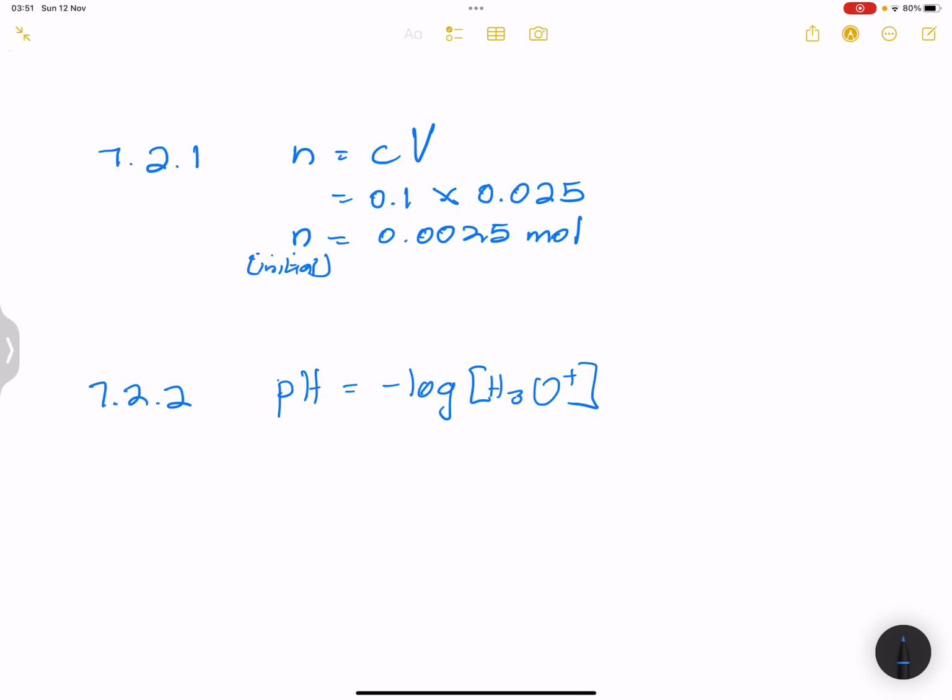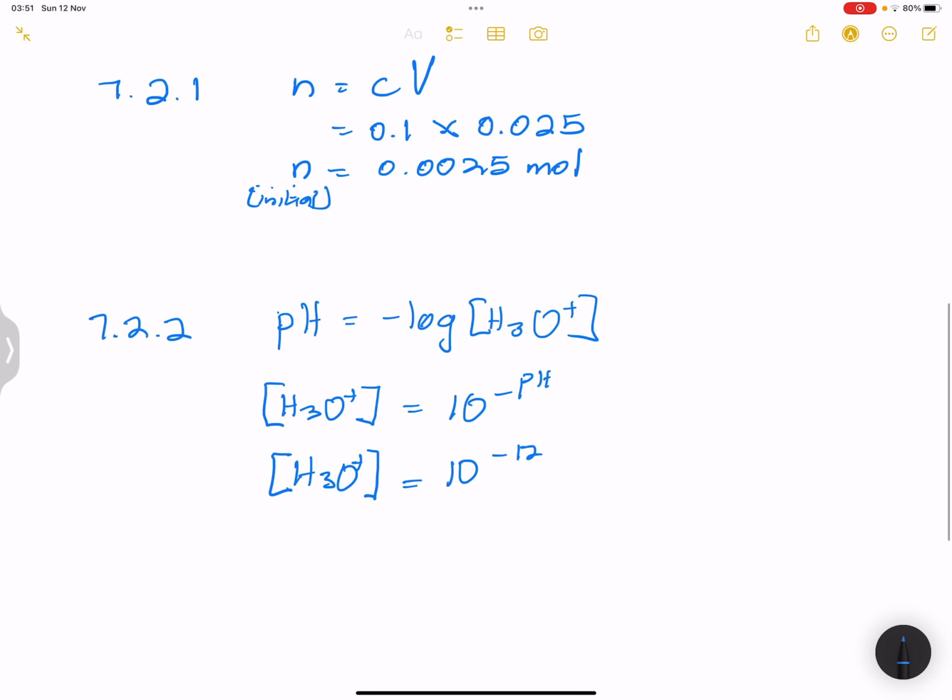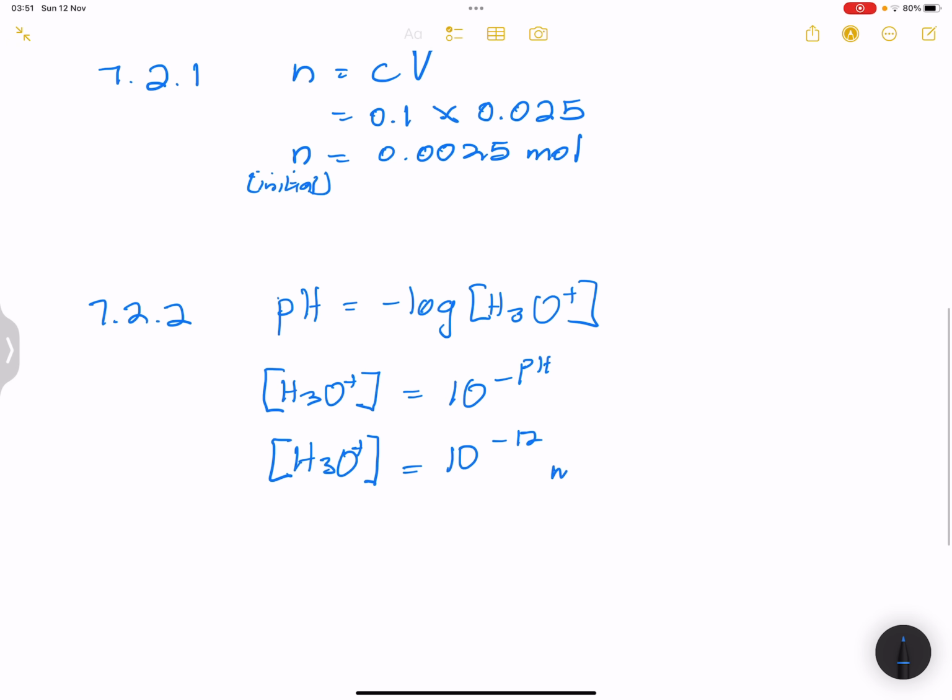Remember, if I want to find the hydronium ion concentration, this will simply be 10 to the minus pH. Okay, please keep that in mind. So this will be 10 to the minus 12. That's our concentration of the hydronium ions, in moles per cubic decimeter.